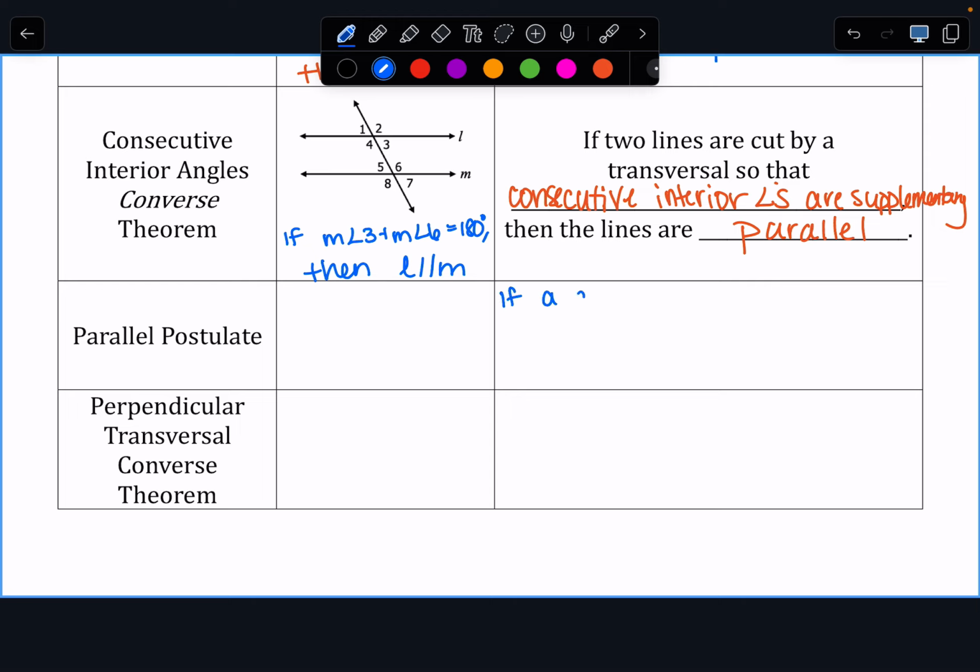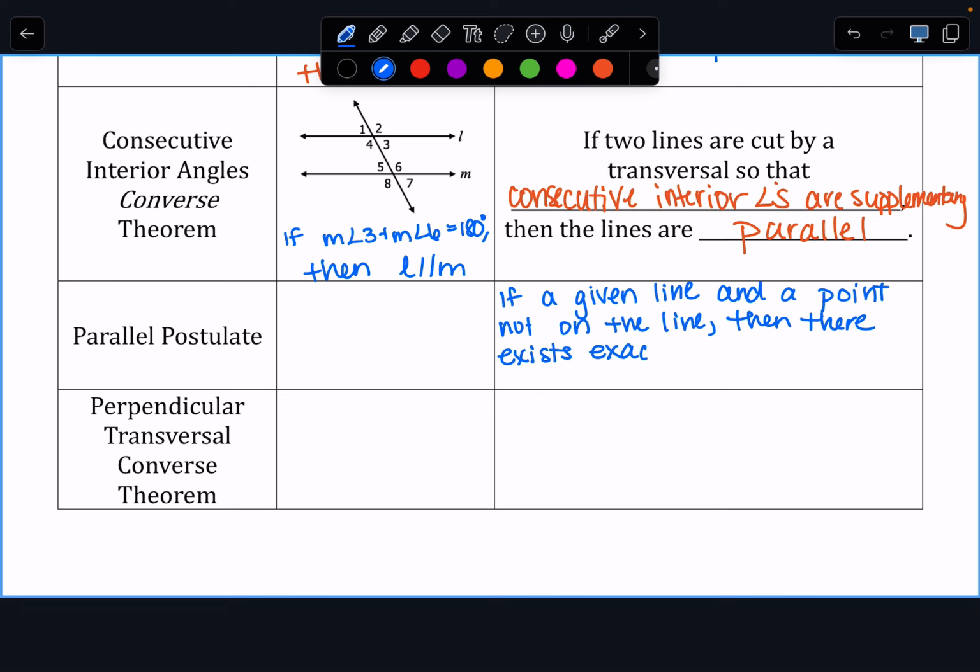If a given line and a point not on the line, then there exists exactly one line through that point that is parallel to the line.